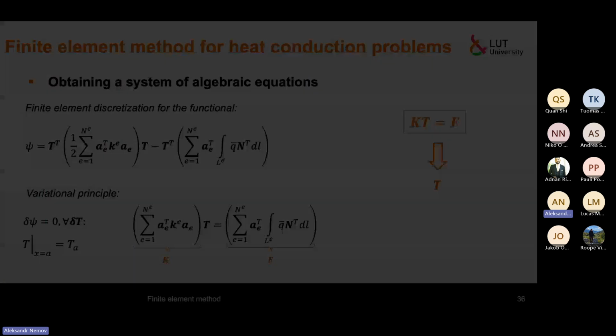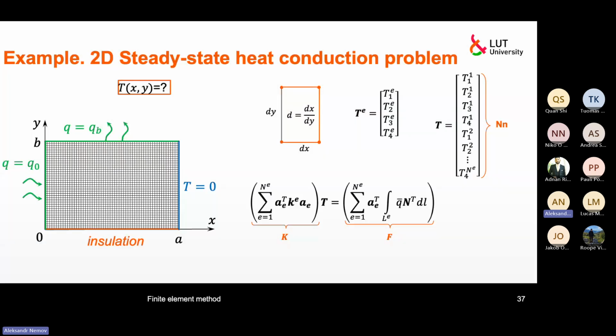I want to show that I made one simplification. I did not pronounce it explicitly. So with respect to the statement that we used earlier, I used zero temperature on the right-hand side. Not some prescribed value T0, but just zero, like absolute zero in our case. It's a bit annoying simplification because it makes this much less universal.